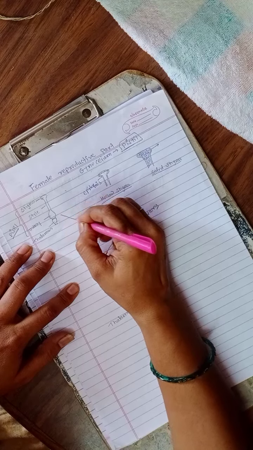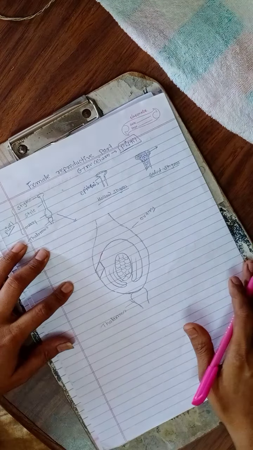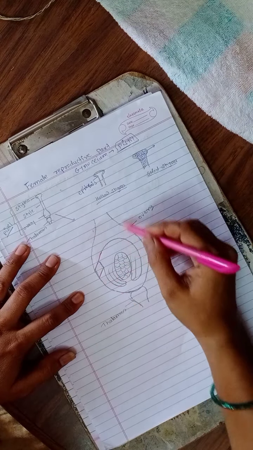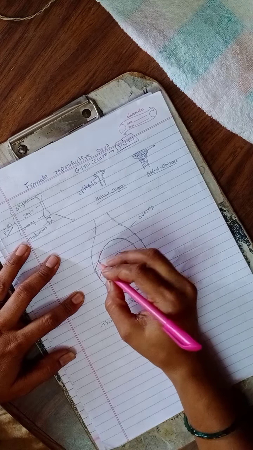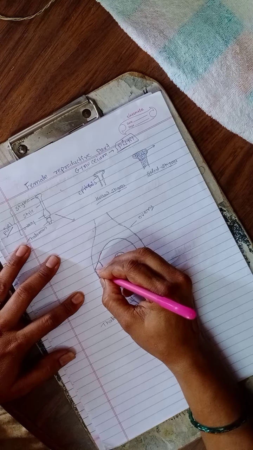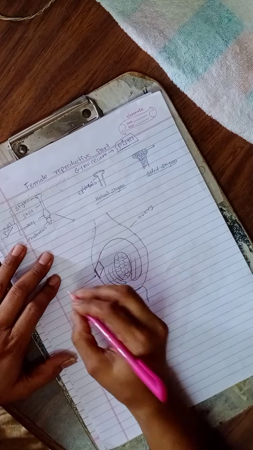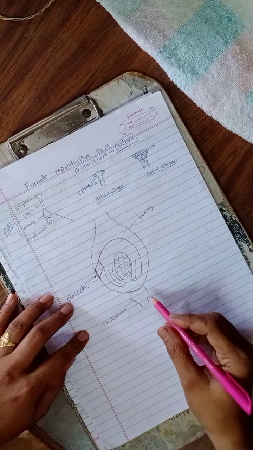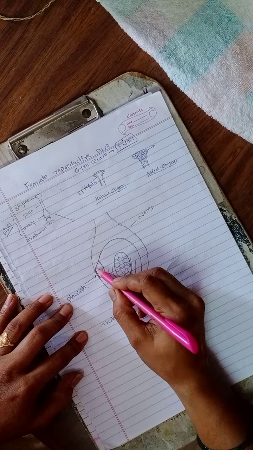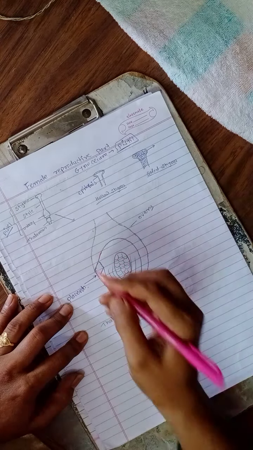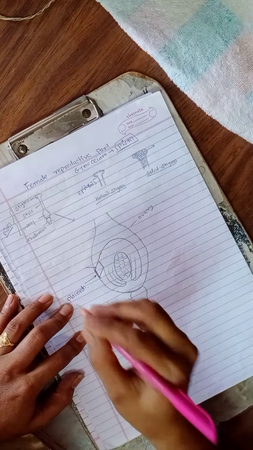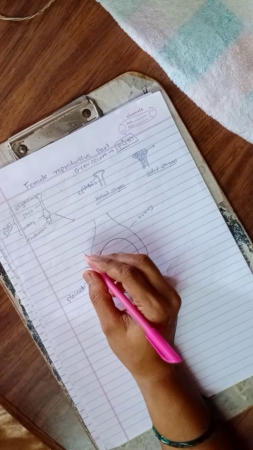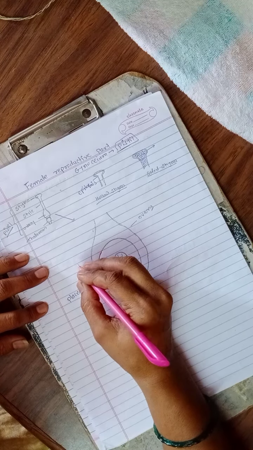This is the ovary, and this is its detailed structure. The outermost is the ovary. The attachment of the ovule to the ovary is known as the placenta. Then the ovule consists of two parts: the stalk and the body. This stalk is also known as the funicle.